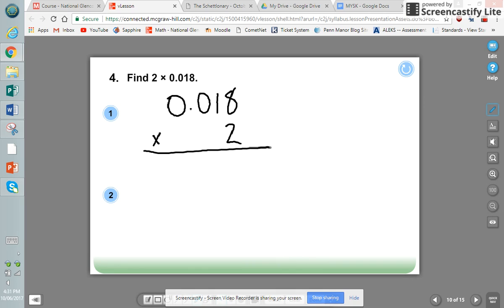Here we go. 8 times 2 is 16. Carry the 1. 2 times 1 is 2 plus 1 is 3. We got a whole bunch of zeros. We can talk about annexing them later, but just for today, I want to make sure I have everything in order. All right. Bounce, bounce, bounce. There's 3 spaces. So down here, bounce, bounce, bounce, 3. And so my answer is 36 thousandths.